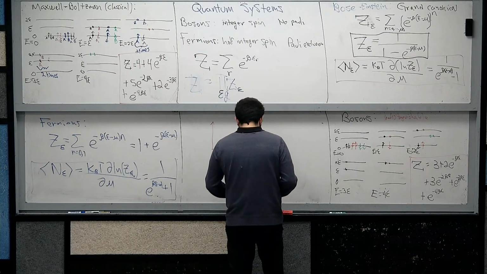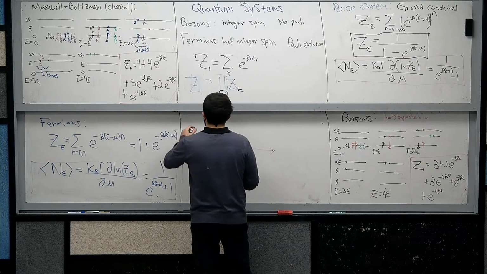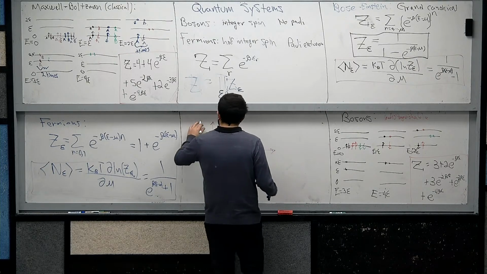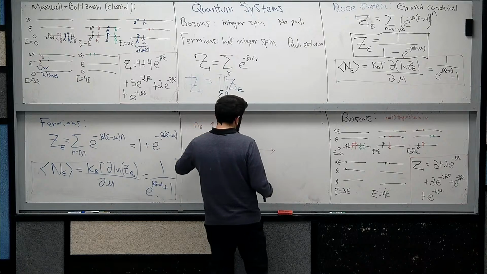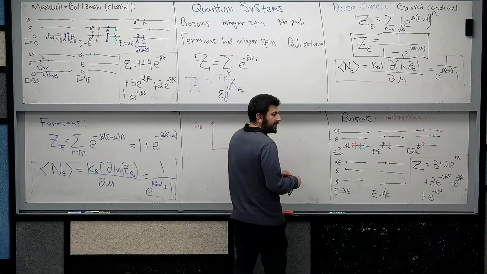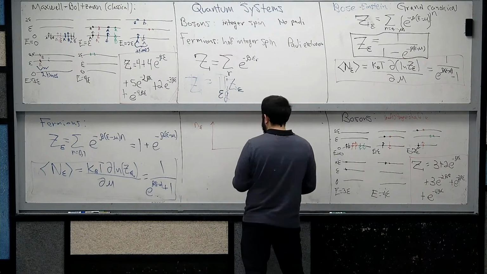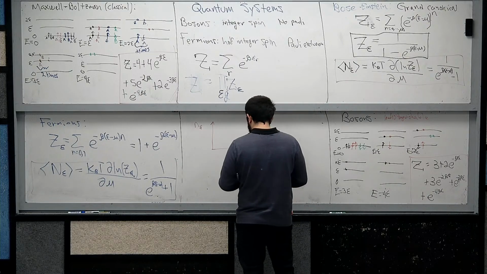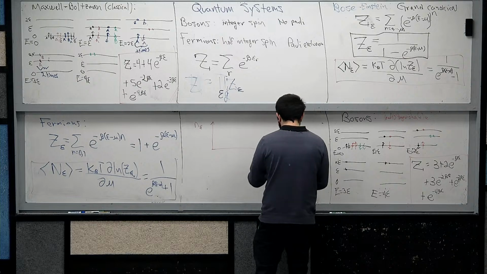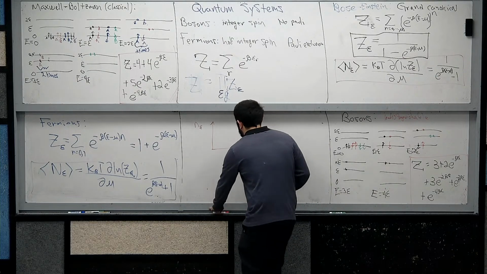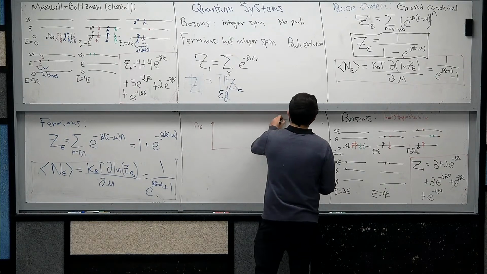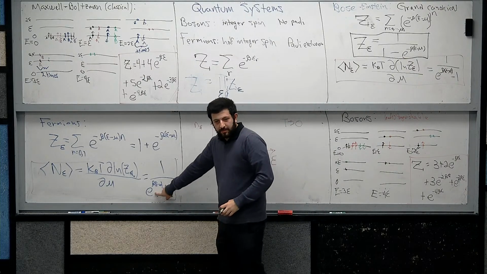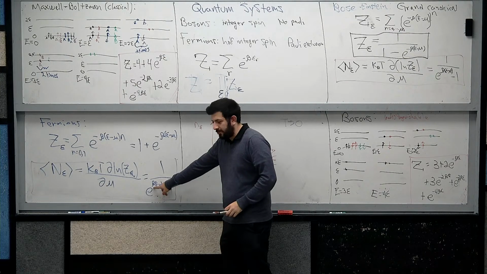So at T goes to 0, what would happen to beta?